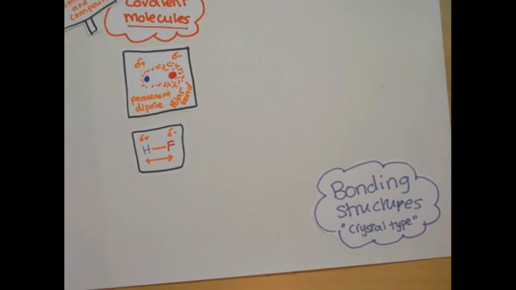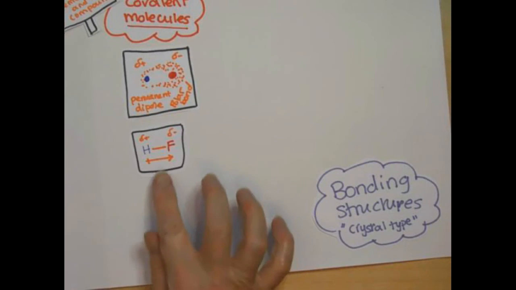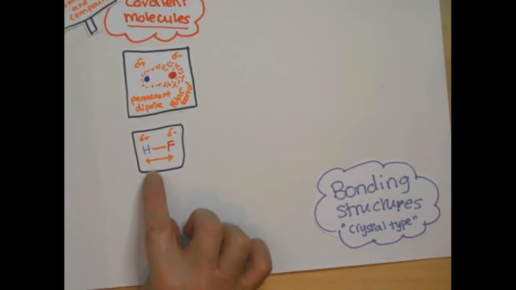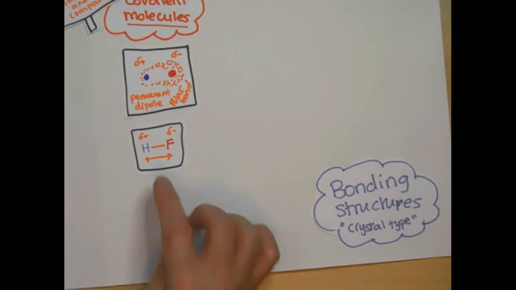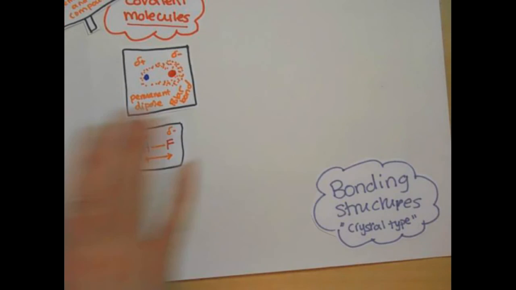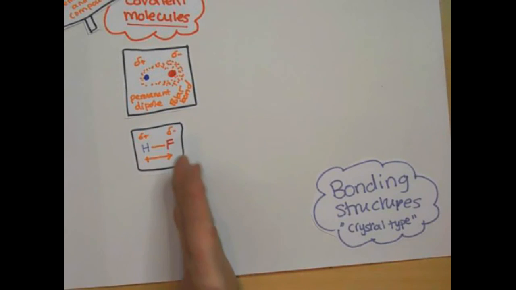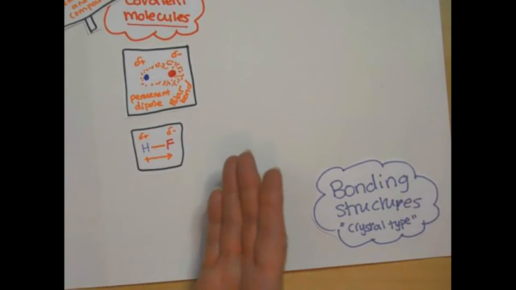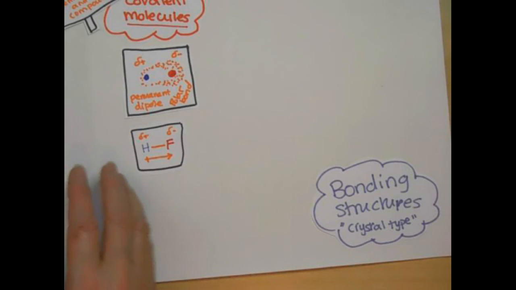Because it's got a polar bond, it's got a permanent dipole. That means the electrons are pulled to one side, and we can represent that dipole by this arrow and cross. We can show that it's slightly negative on the more electronegative element, and slightly more positive on the less electronegative element.